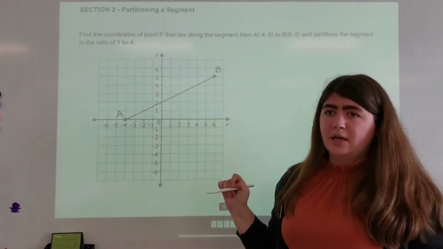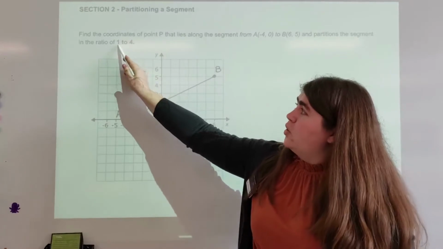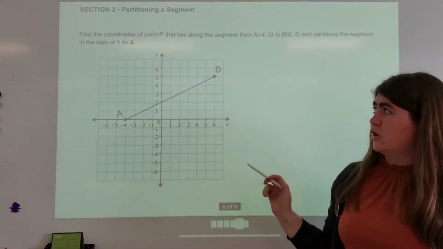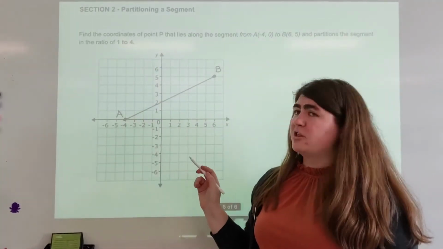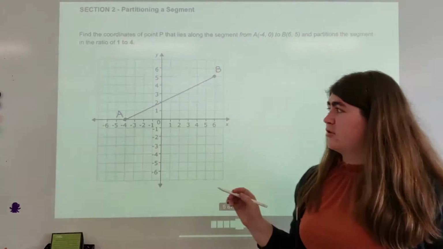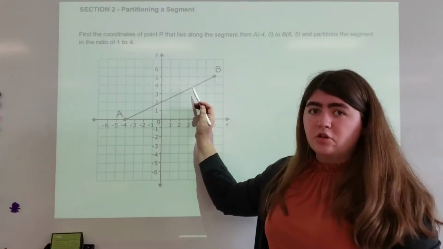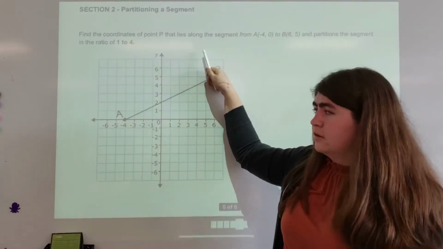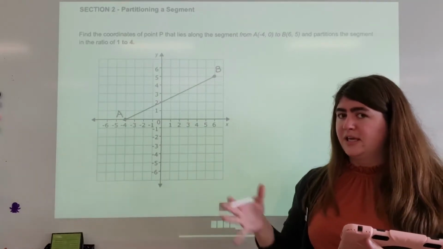When you are reading a question like this and it says that it is sectioned in a ratio of 1 to 4, that doesn't mean that there are 4 total sections. That means that there's actually 5 total sections. So you're splitting the line somewhere on here into a 1 to 4 ratio. If there's a ratio 1 to 4 together, it's 5.